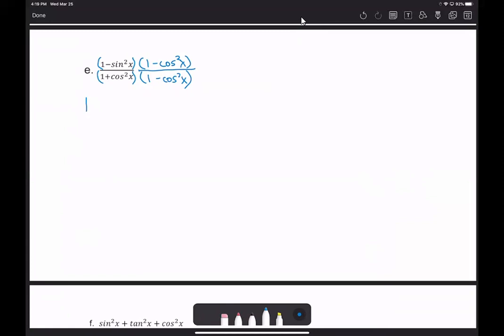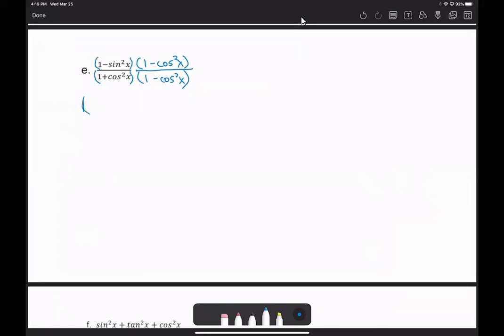I'm going to leave it like it is, as a binomial: 1 minus sine squared x, 1 minus cosine squared x, and then FOIL the bottom. You'll notice as you're working, you'll see patterns develop. I'm looking at that numerator and thinking maybe I could do some canceling. Let's FOIL the bottom out.